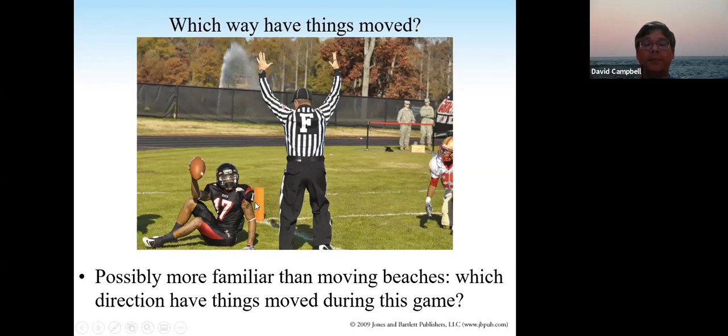So the ball was somewhere closer to the middle of the field. Now, of course, in the way football games go, it probably went back and forth a lot. But overall, the result has been for the ball to move this way and Gardner-Webb getting a touchdown. So we can tell that things have moved because they're not where they started out.